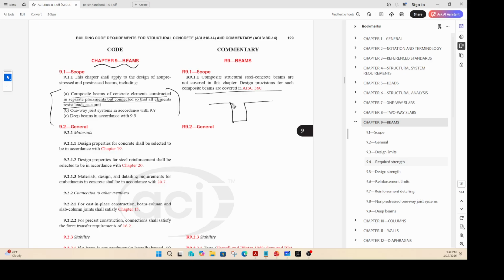And these two things, a beam and slab, after the slab is dry, act as a composite T section. Okay, so it caters to sections like this. It also caters to simple sections like that. It also caters to one-way joist systems, right? We'll talk about that. And then deep beams. So maybe there is a beam, but it's a deep beam, right? So that's what this chapter is going to cover.